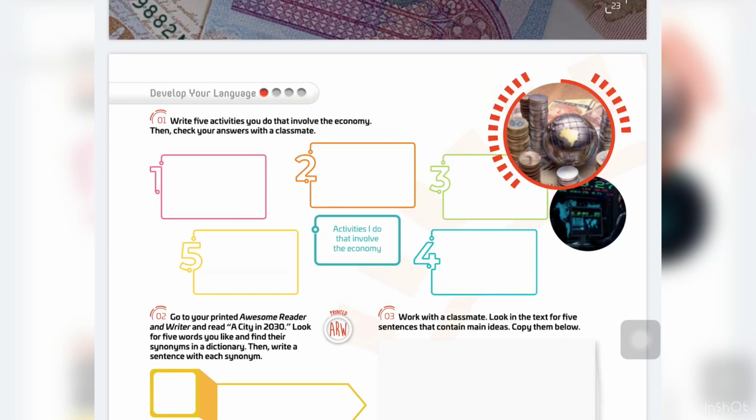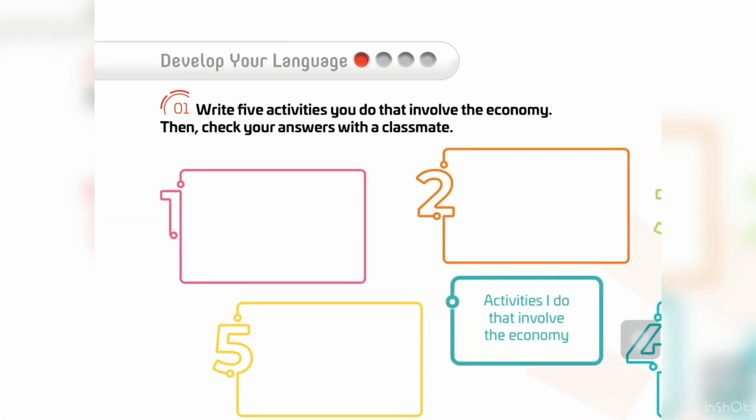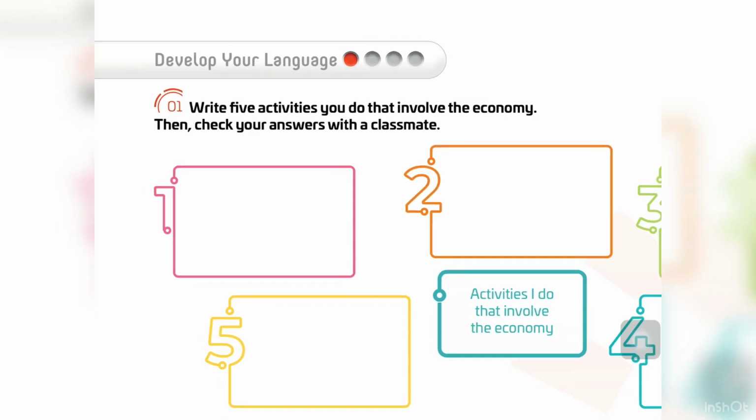For example, on page 24, we have point number 1 that says, write 5 activities you do that involve the economy. Then, check your answers with a classmate.